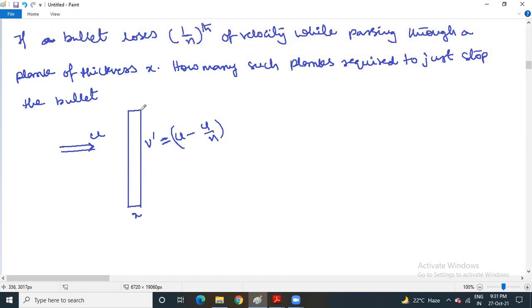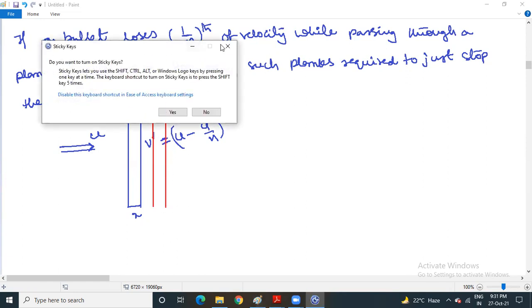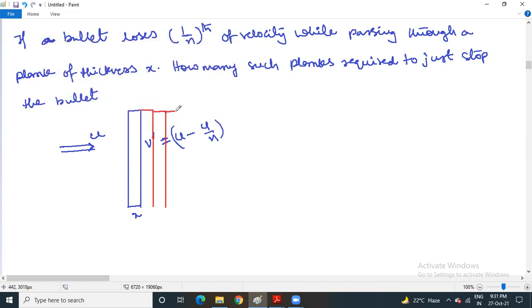Let us say other planks are like this, thickness same, and so on.